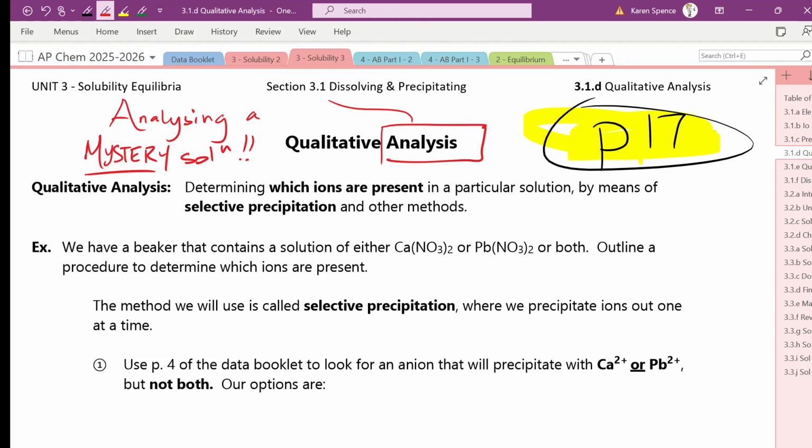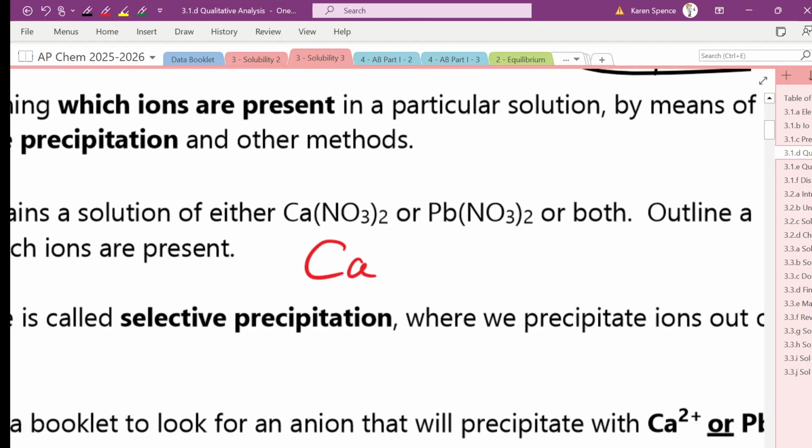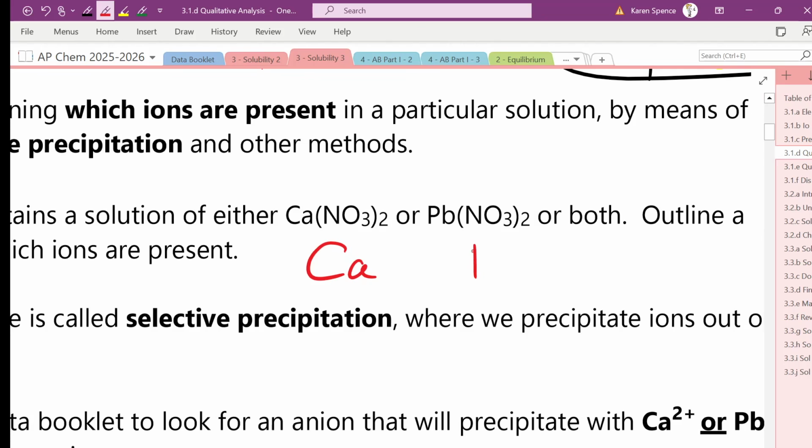So say, for example, in our first example, we have a solution that contains either calcium nitrate, or lead nitrate, which means we would be focused on the calcium and the lead, and we would have either one or the other in our solution.